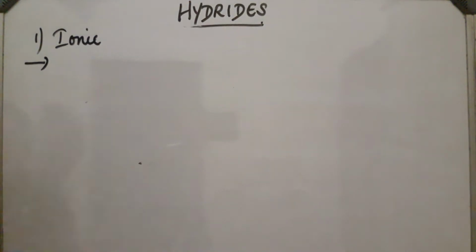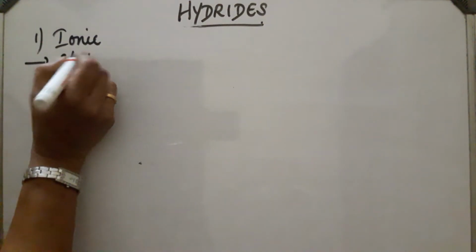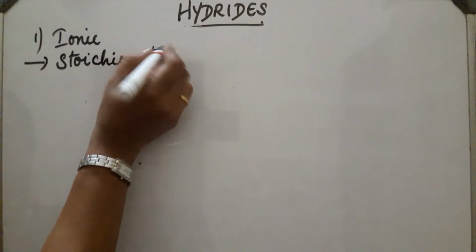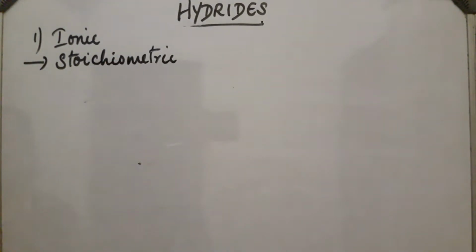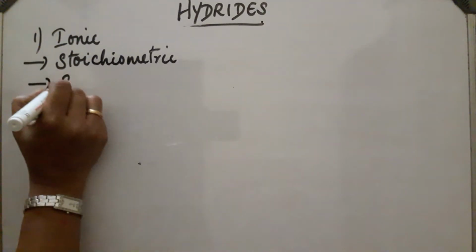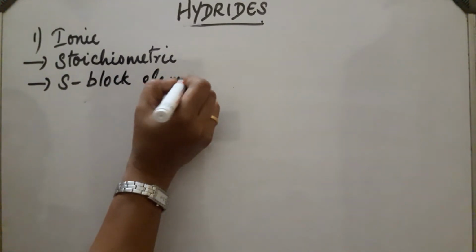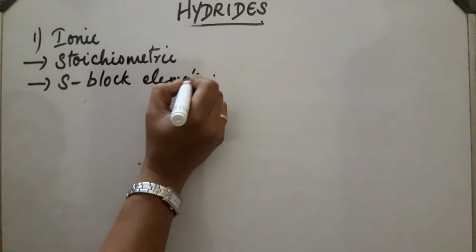These are stoichiometric compounds. These are formed when hydrogen combines with s block elements. S block elements form ionic hydrides.